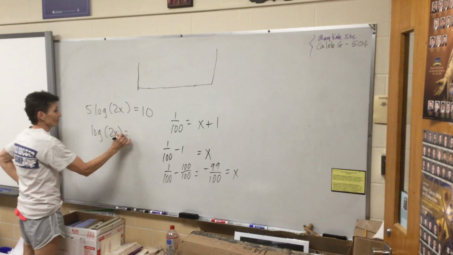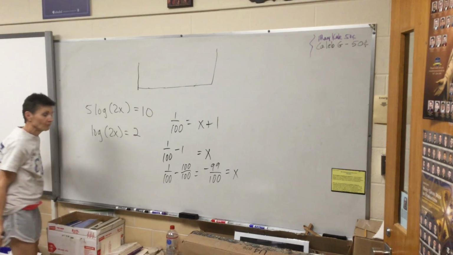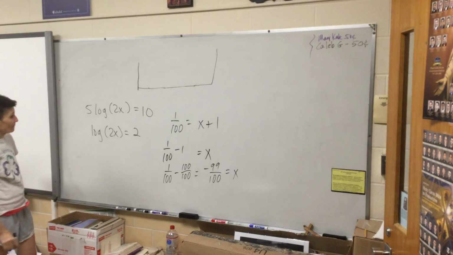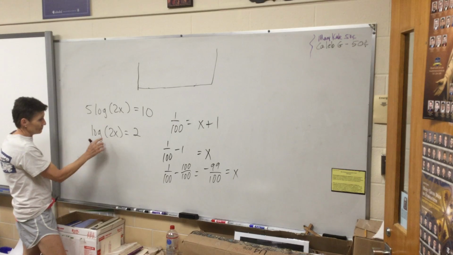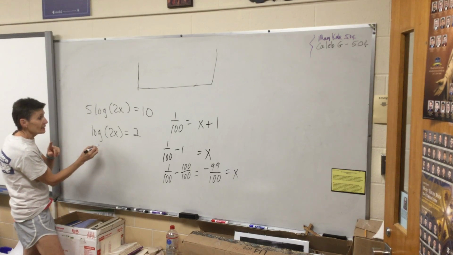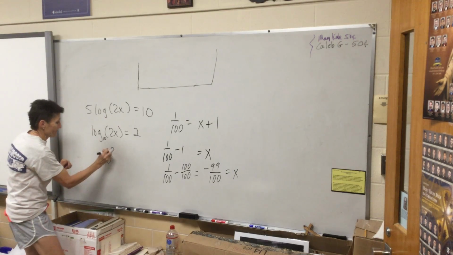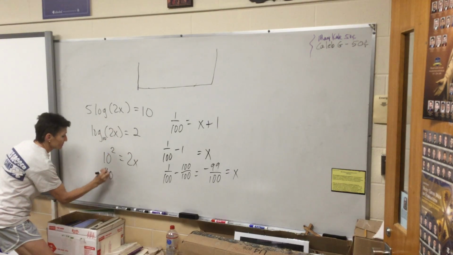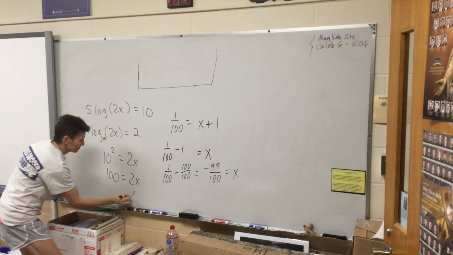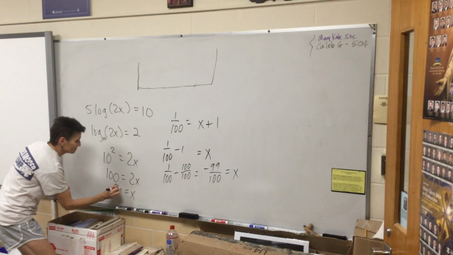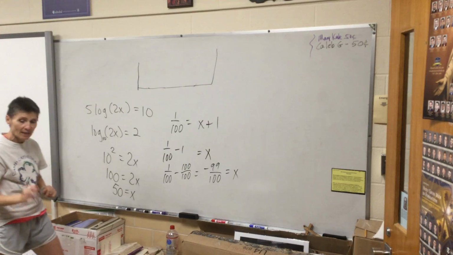And I got log 2x equals 2. Beautiful. And then I did my loop-de-loop and got 10 to the second power equals 2x. Exactly, because that's a 10. And then I divided the 2x over, oh, well, then it was 100 equals 2x. Yep, and then you divided by 2.